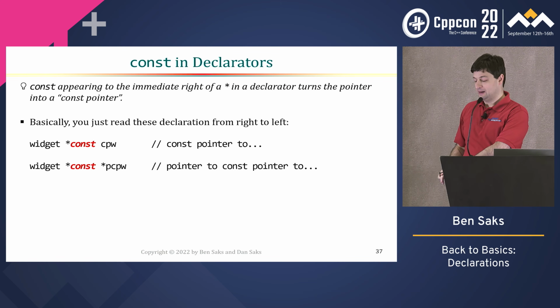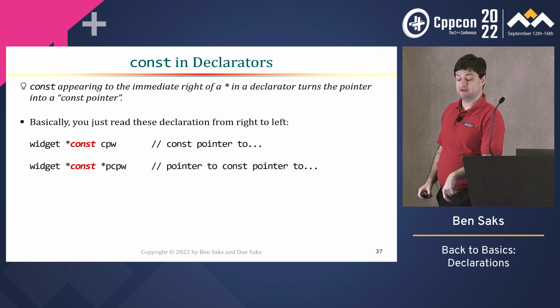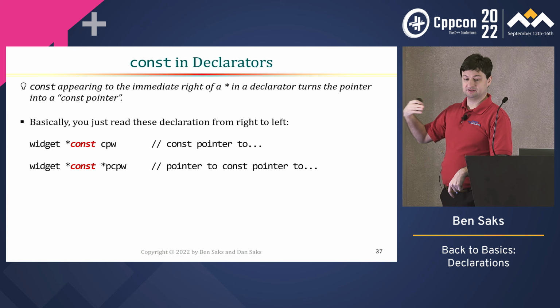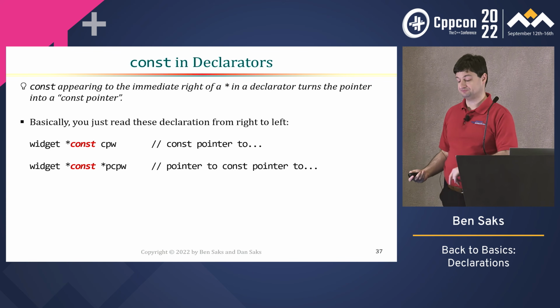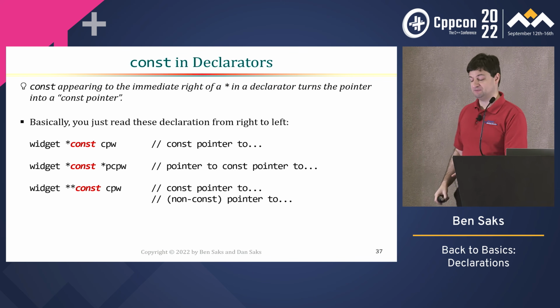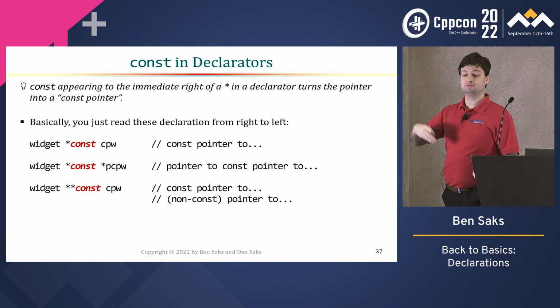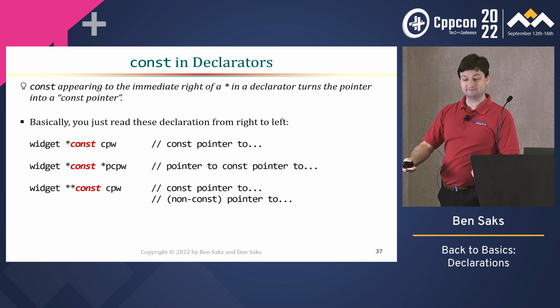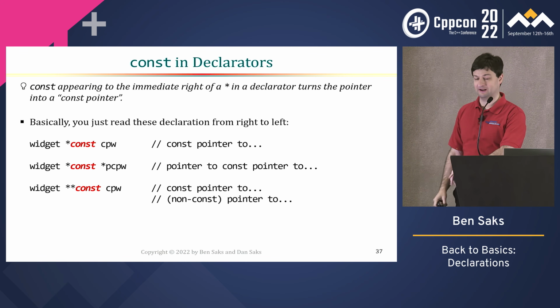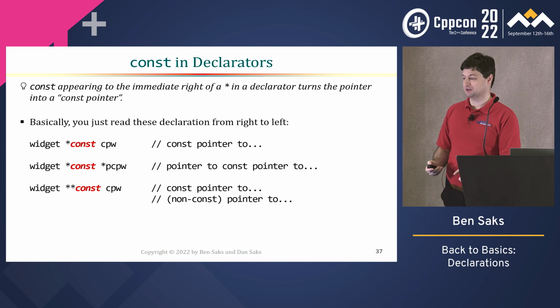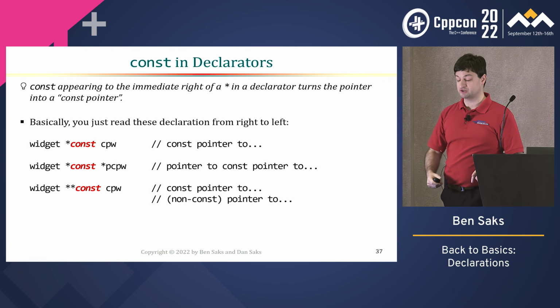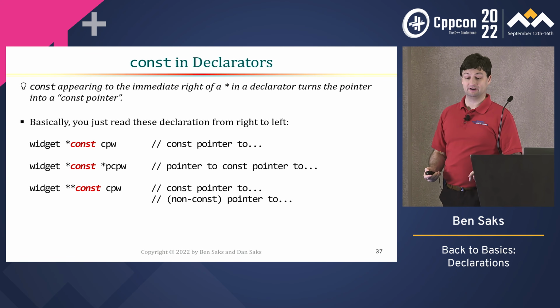Here, pcpw is a pointer to a constant pointer to a widget. And here, cpw is a constant pointer to a widget. I think it's a rule that scales up relatively nicely. And if I want to declare those things, that's how I have to declare them.